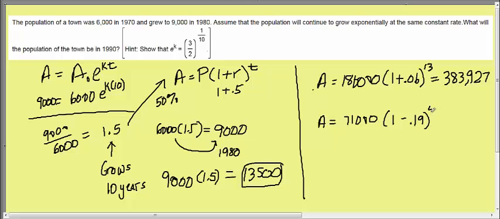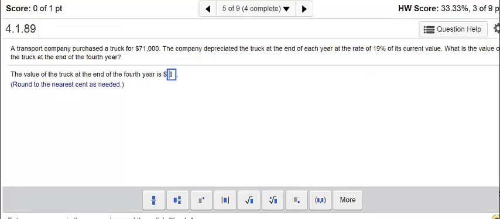And this is the end of the 4th year. So we type this in and do 71,000 times 0.81 raised to the 4th. And at this point, it should be 30,563. So let's see how that works for our problem.